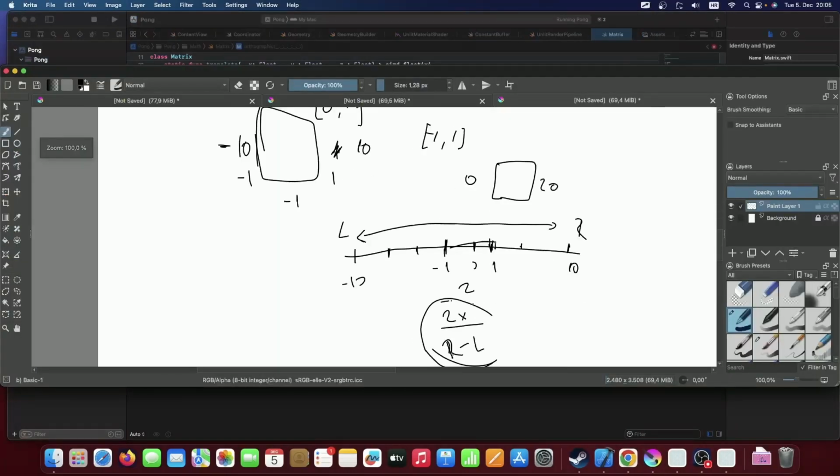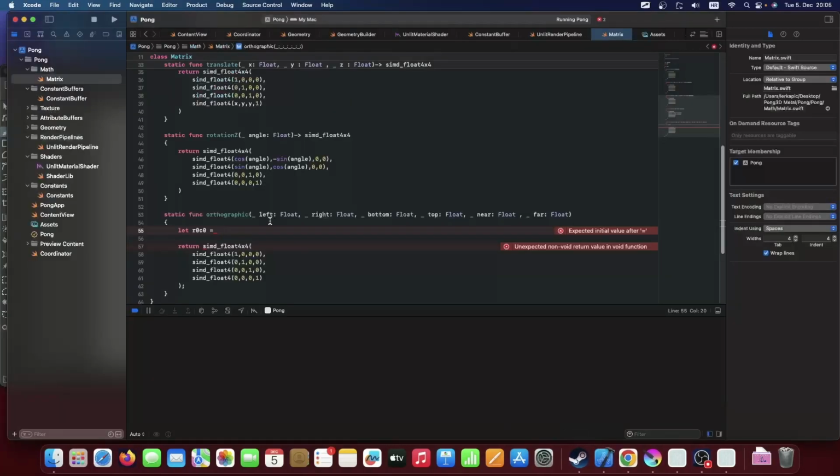I said 2 over right minus left, and our x is in our vector. So we just need 2 over right minus left. So let's just code it.